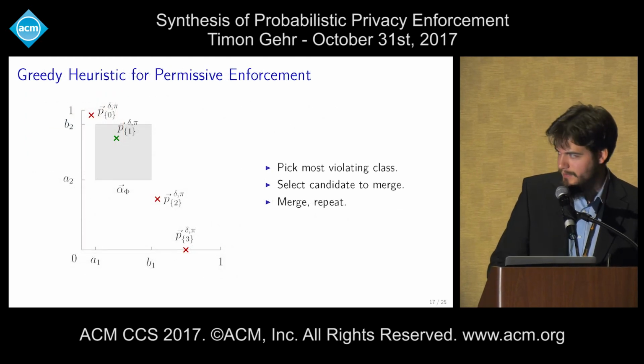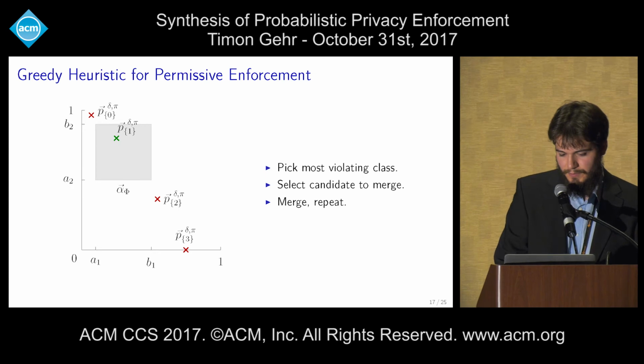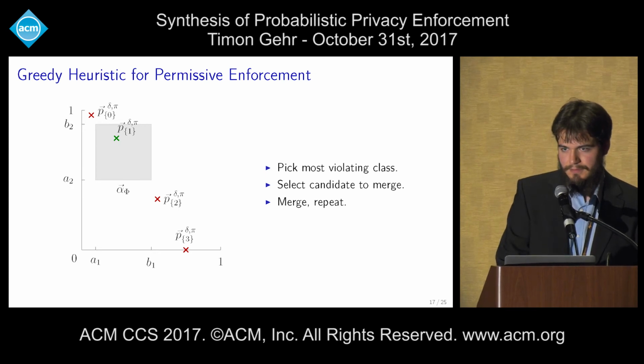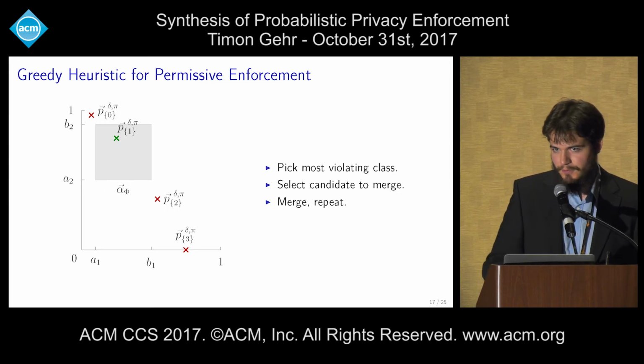Because SMT is sometimes slow, we also consider a greedy heuristic for permissive enforcement. In this graph, you can see the posterior probabilities for 2 different secrets, because in general, there can be multiple secrets. This gray box is the privacy policy. What we want to achieve is that the posterior probabilities of both secrets for all the equivalence classes that we have will lie in this gray box.